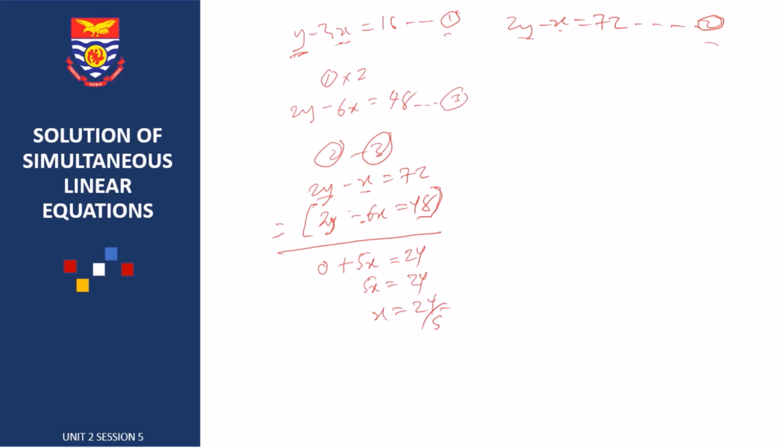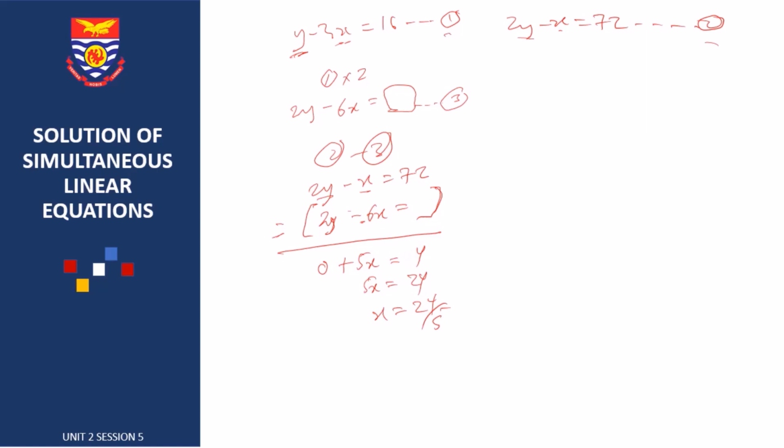Wait, I think there is a mistake somewhere. Now 16 was supposed to be multiplied by 2, not 3. So it means that the 48 here should change to 32. Alright, thank you. I realized that I wanted to get a whole number for my answer, and I was thinking my equation was wrong, but the equation was not wrong, rather the solution.